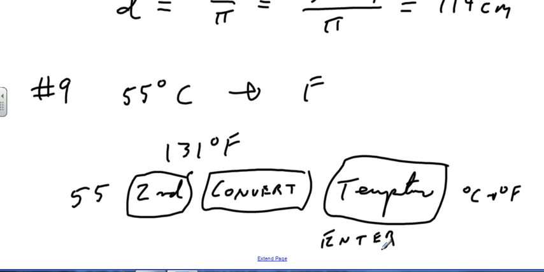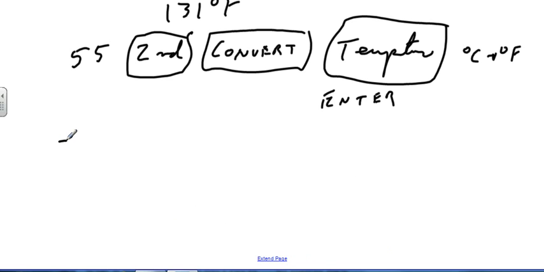Well, because you're going to be doing that forever and ever, and with this calculator, you don't need the equation. Why worry about it? Now, the reason that we're doing it is that if it were minus 55, and I wanted to go degrees centigrade to Fahrenheit, and I put in minus 55, second function convert, temperature, centigrade to Fahrenheit, it would tell me that I'm minus 131 degrees Fahrenheit, which would be wrong.